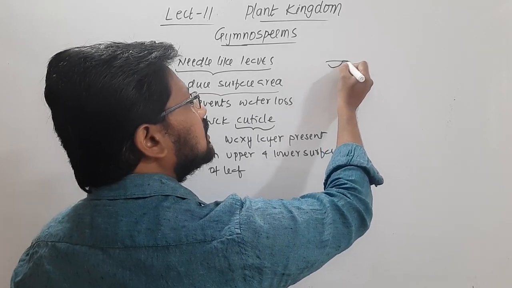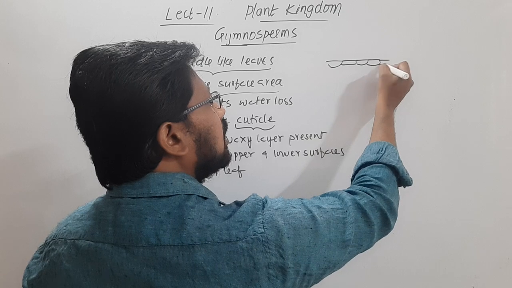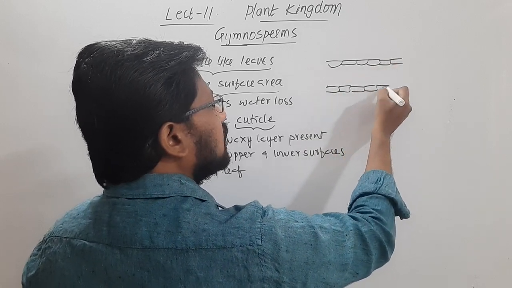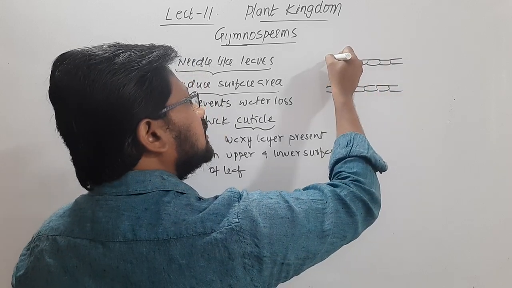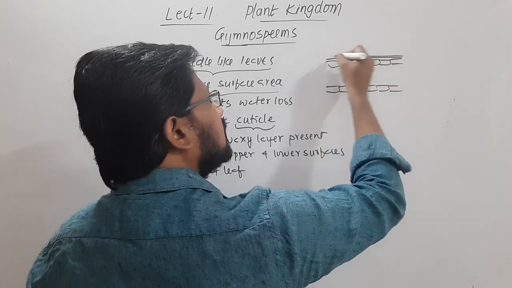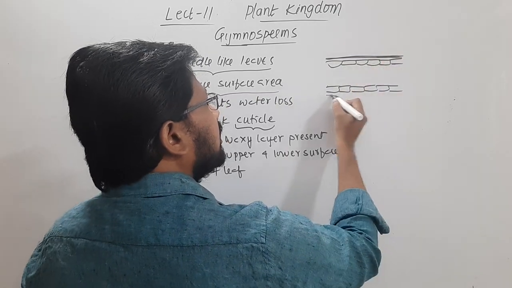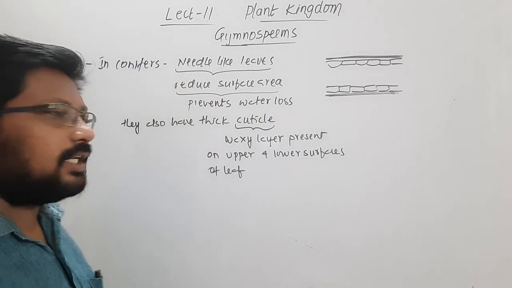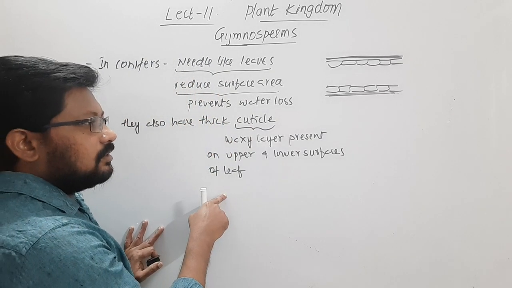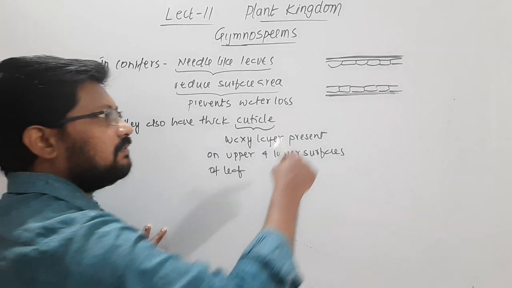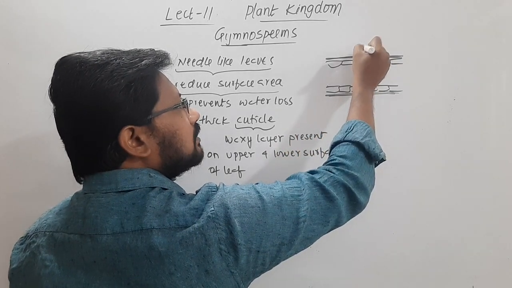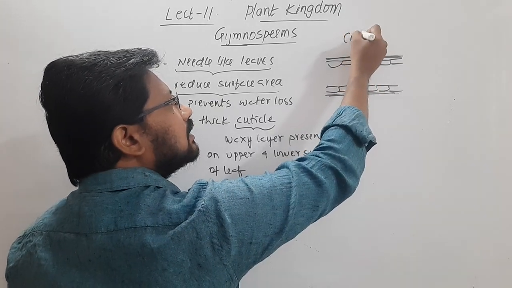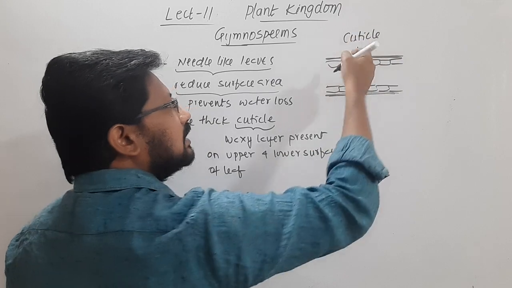If you see here, this is an upper surface of the leaf and this is the lower surface of the leaf, and you will see covering the upper surface we find cuticle, and also covering the lower surface we find cuticle. In conifers also we will find this cuticle covering all over the leaf, and this cuticle will be thick.